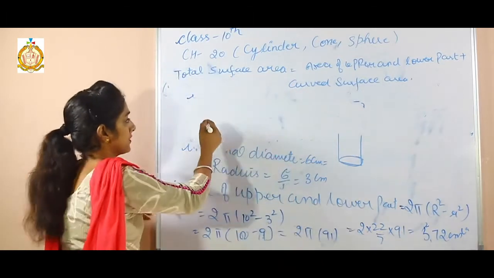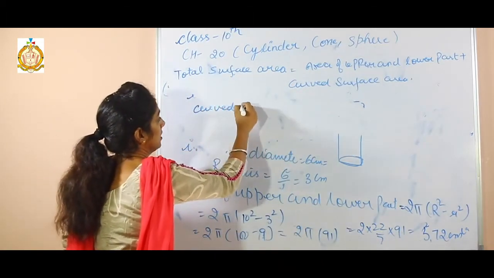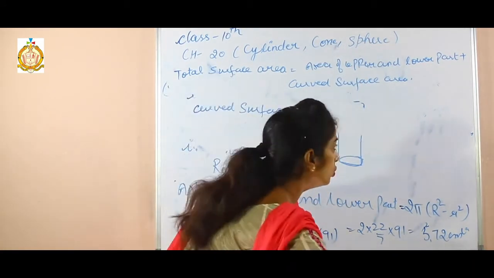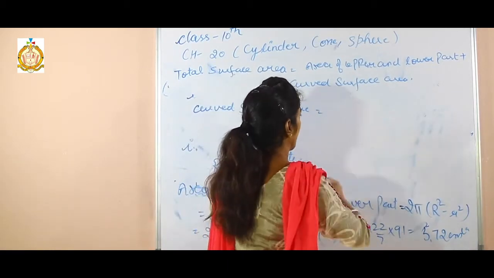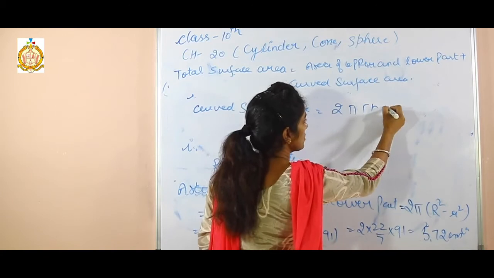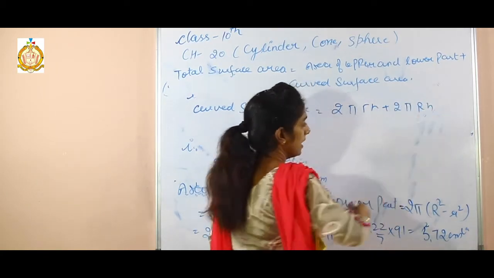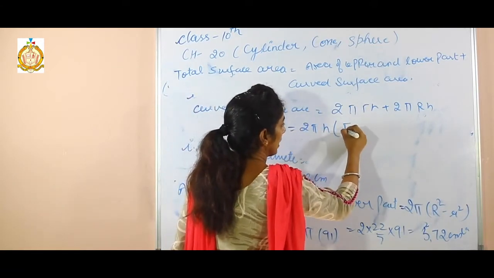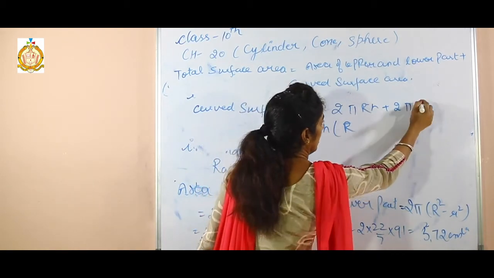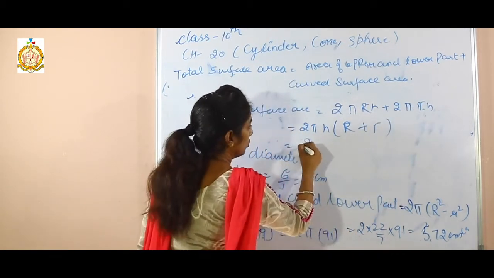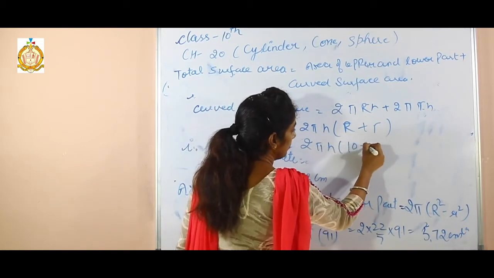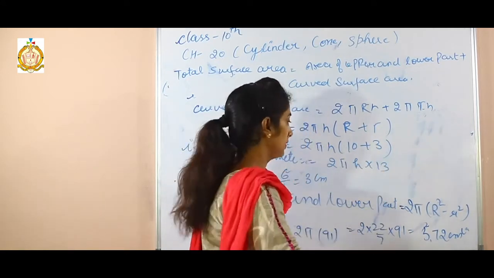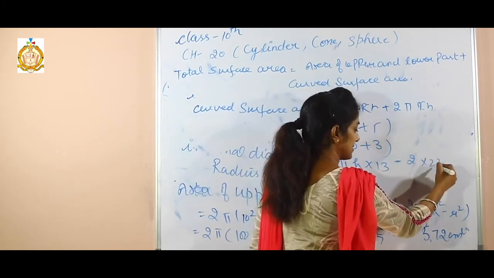Now what is the curved surface area? Curved surface area is 2 pi R h plus 2 pi r h, right? Here 2 pi h and capital R plus small r, 2 pi h into 10 plus 3, that is 2 pi h into 13, which is 2 into 22 by 7 into h.